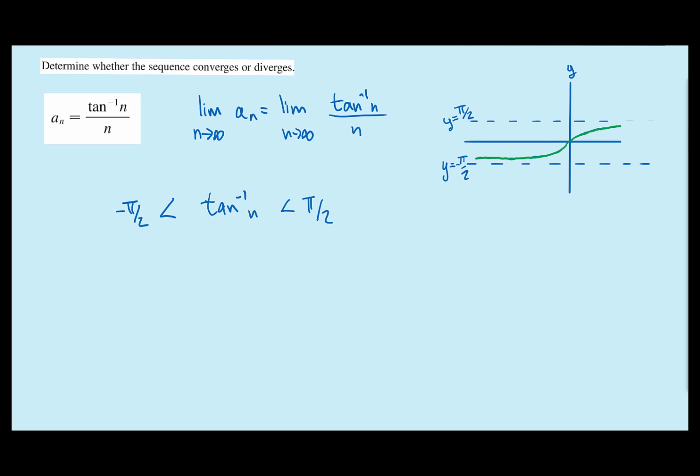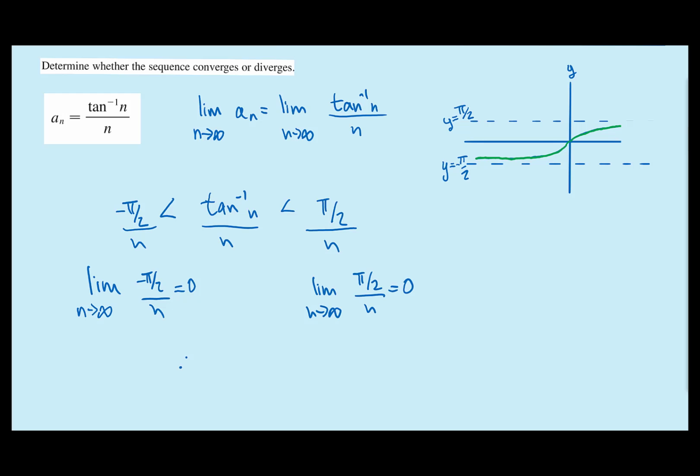Then we divide everything by n so that we have our expression that we want. Take the limit of either side. So the limit of negative pi over 2 over n is 0. The limit of positive pi over 2 over n is 0, because a number divided by infinity is 0. So if the limit on either side of the expression we want is 0, then the one in the middle must also be 0. So our limit exists and the sequence converges.